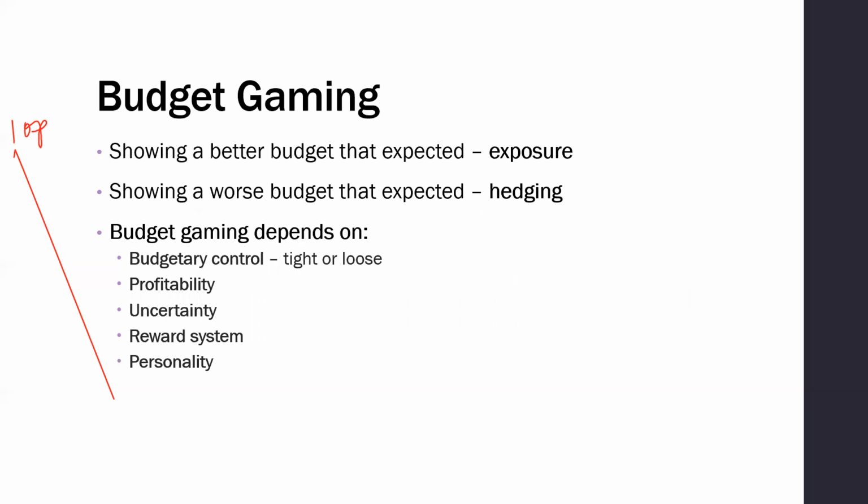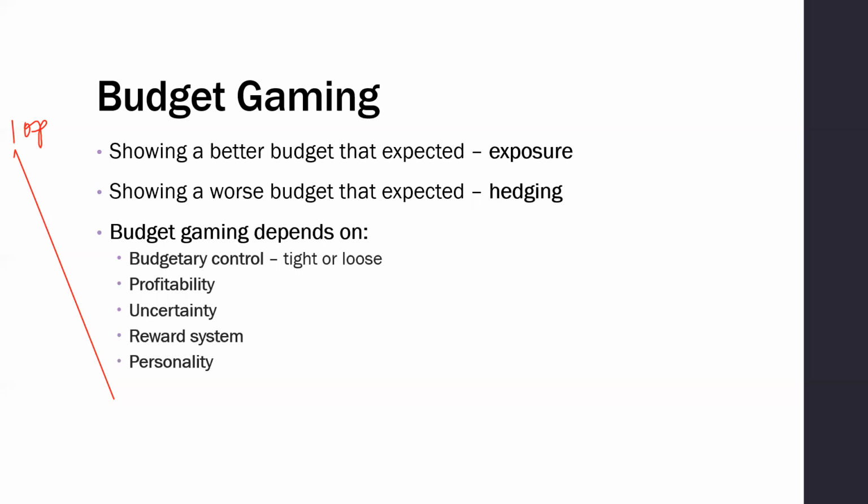Now we talked about this in terms of budget gaming. The problem with budgets is that they can be gamed. Okay? Here the problem comes out with respect to information asymmetry between the makers of the budget, lower level managers, and approvers of budgets, which is upper management, the top management. There's an information asymmetry there. Low level management know more about operations than top level management.